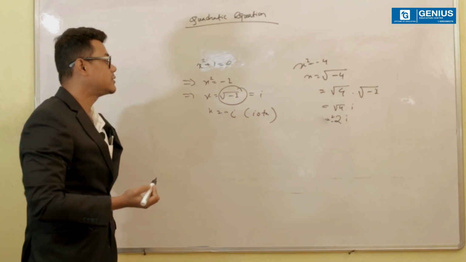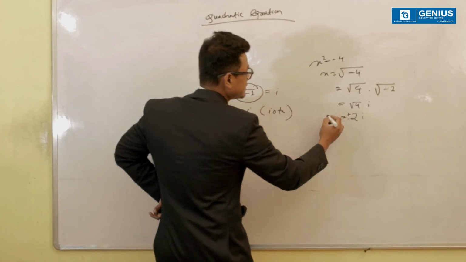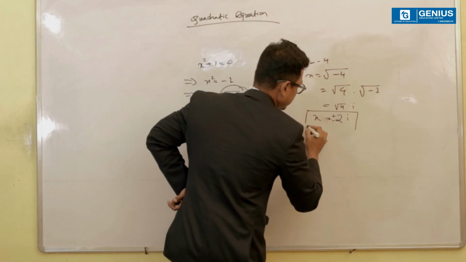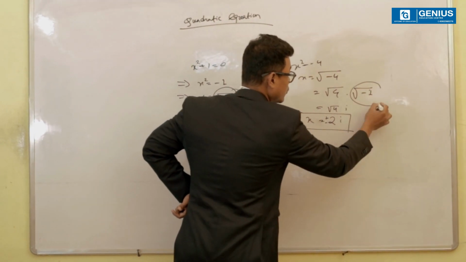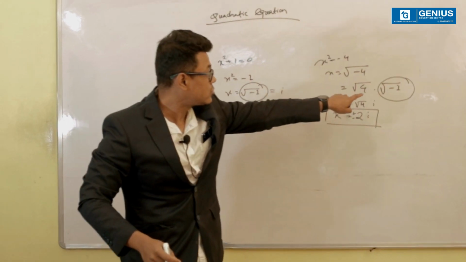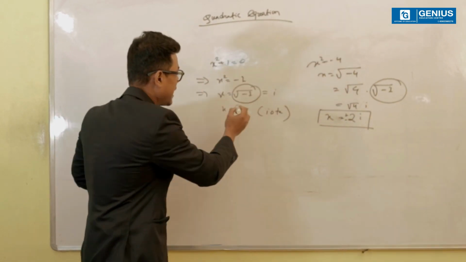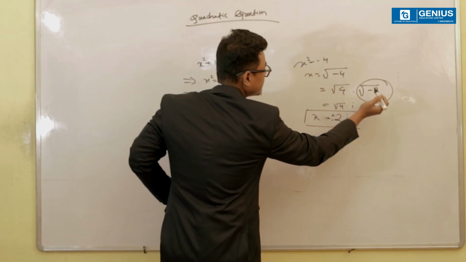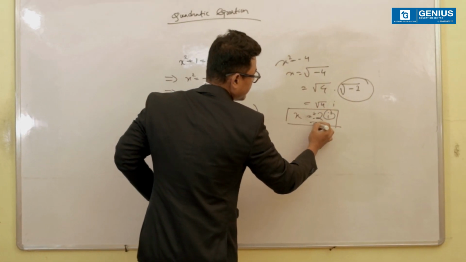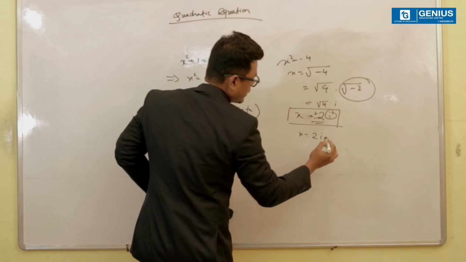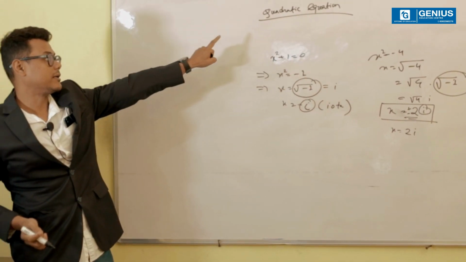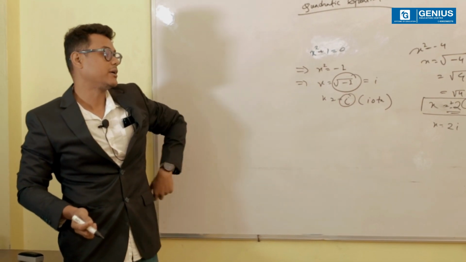So it becomes 2i. This is nothing but an imaginary number, because there is no real component to it. It is only imaginary. We imagined root over minus 1 as i, and we replaced it here, and the number becomes x is equal to 2i. This is how the imaginary part of a number comes in.